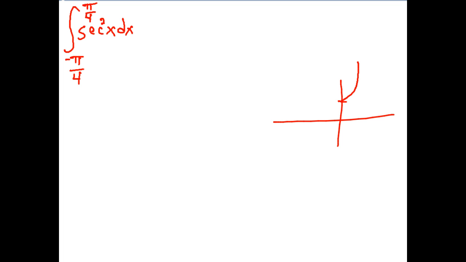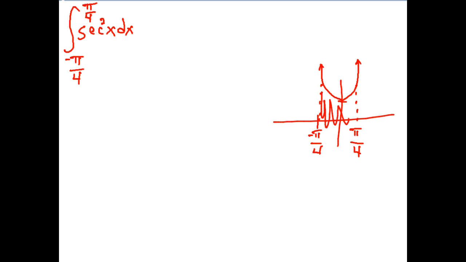Let's say we want to integrate secant squared of x with respect to x from negative pi over 4 to pi over 4. Now, if we want to look at this graphically, if we just do a quick little sketch here, secant squared is going to look something like this, and we're going from right here at negative pi over 4 and right here at pi over 4.